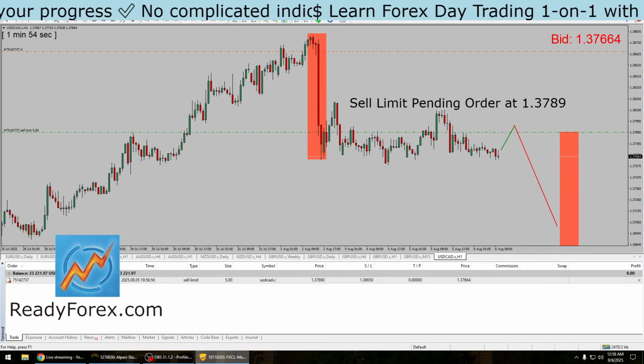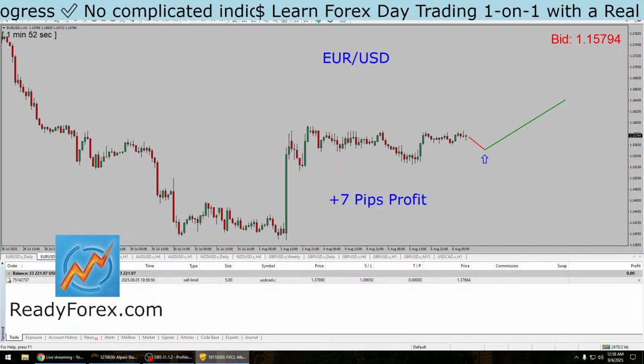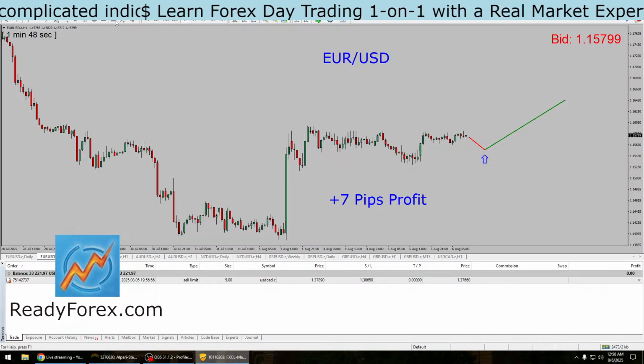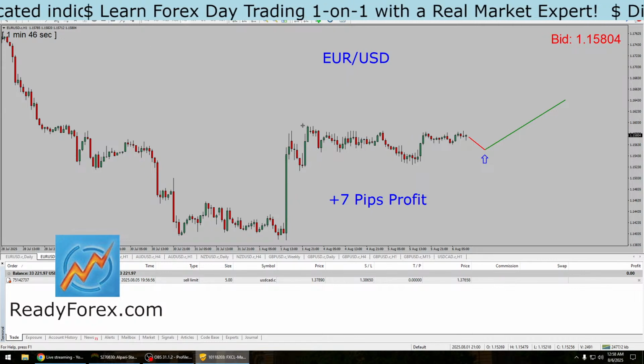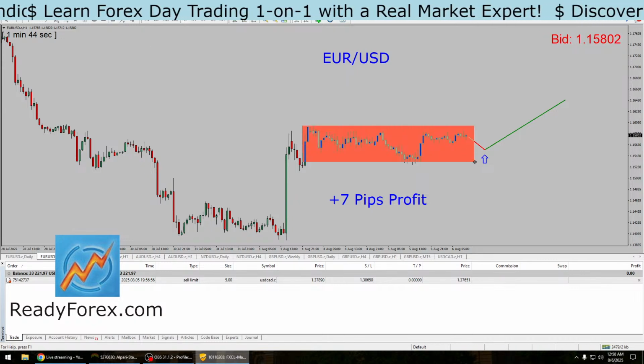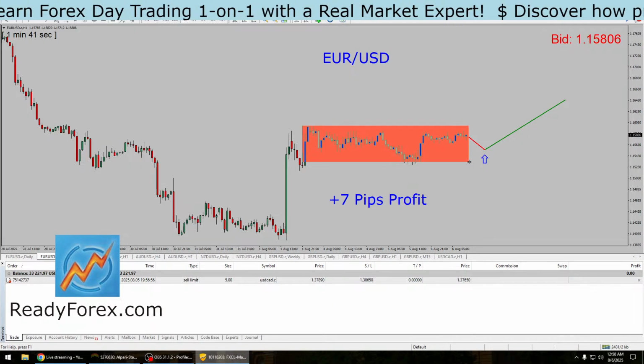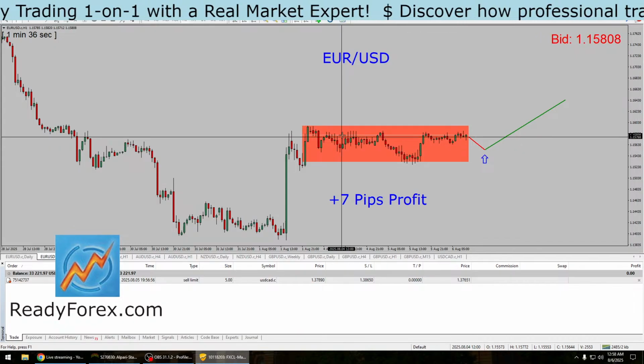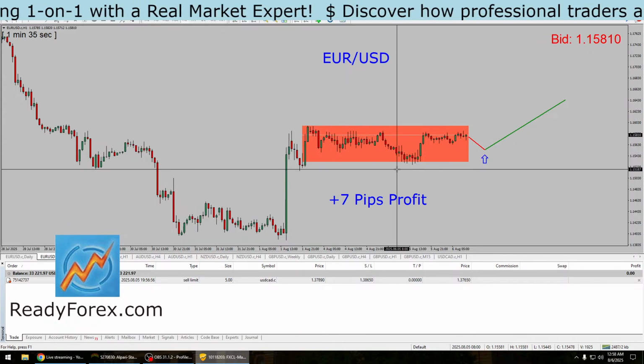It creates some sort of a range over here. Looks like to me we're getting just a trading range type situation. Market is trying to move in this range over here.